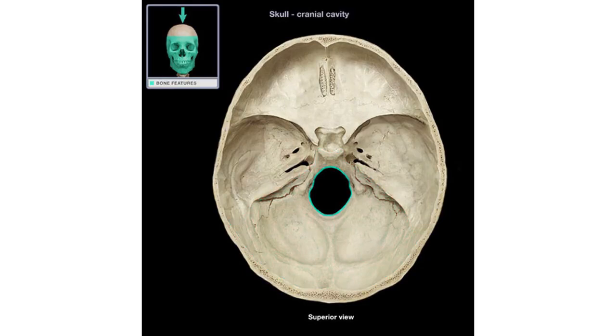In this image I can see the cranial view of the skull, and in the posterior cranial fossa the green outlined structure is the foramen magnum, the largest foramen in the skull, and it allows the spinal cord to continue down the spinal column, originating from the brain.